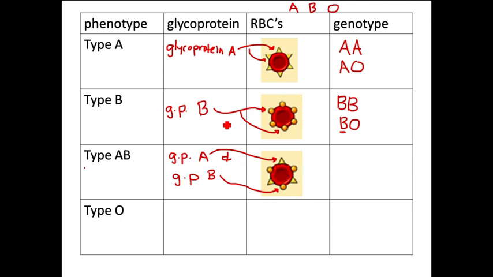And there's only one genotype that's possible to go along with type AB blood, and that is the genotype of AB. So one of their alleles has to be saying make glycoprotein A, and the other allele must be saying make glycoprotein B. Remember, you just have two alleles, so you can't have the O in there at all.